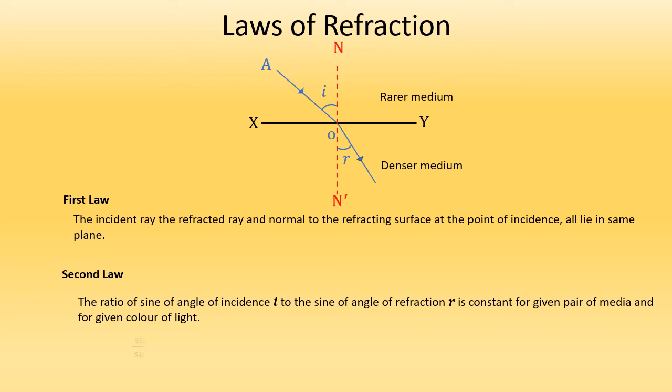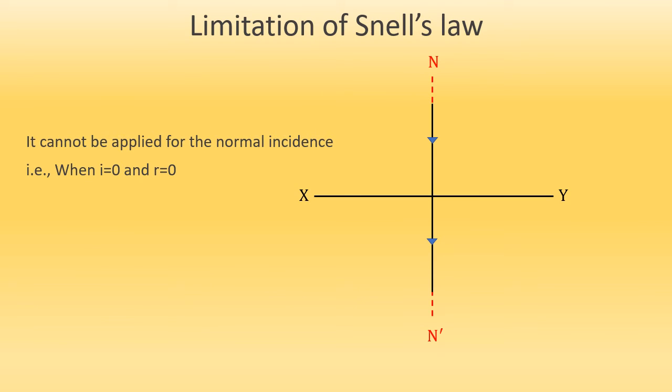That is, sin i / sin r = constant. This law is also known as Snell's law. Snell's law cannot be applied for the normal incidence because at that point the angle of incidence is 0 and also the angle of refraction is 0.